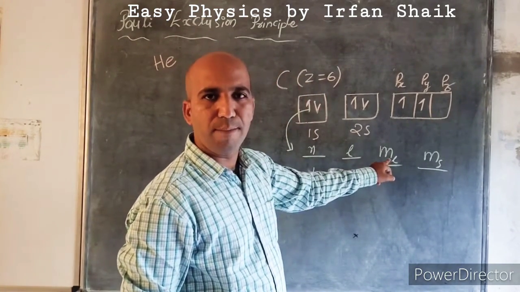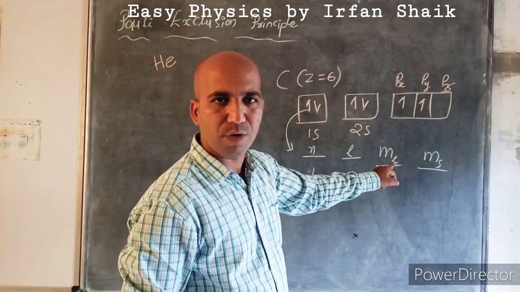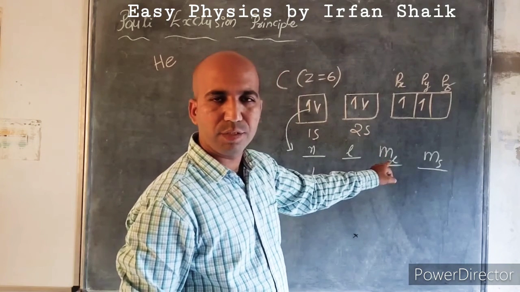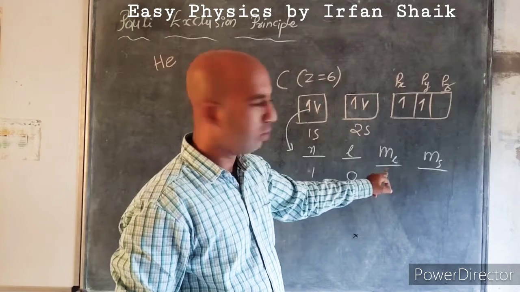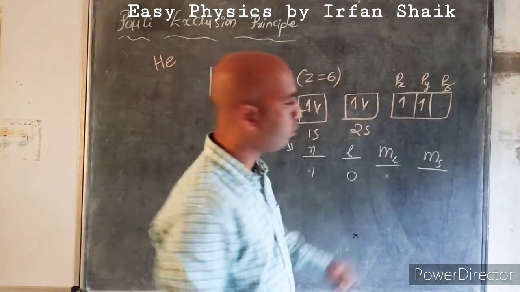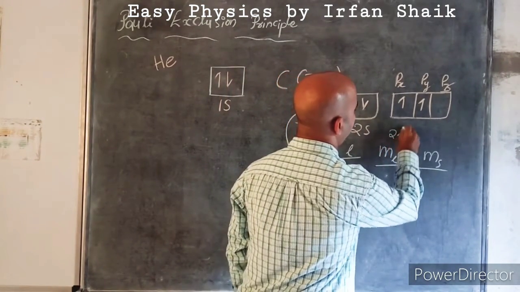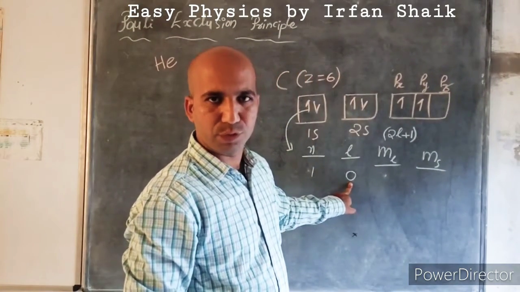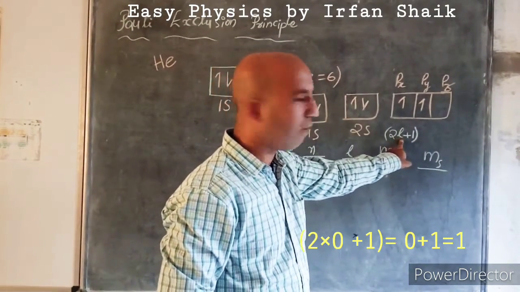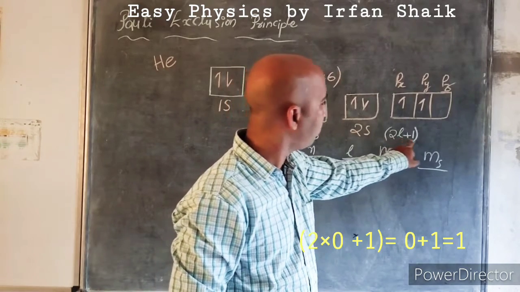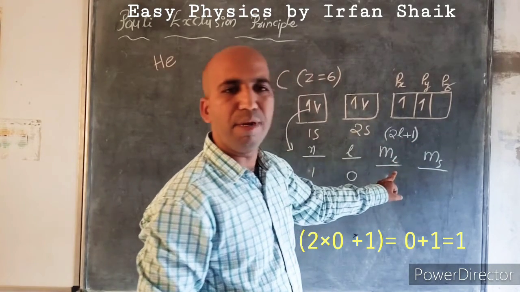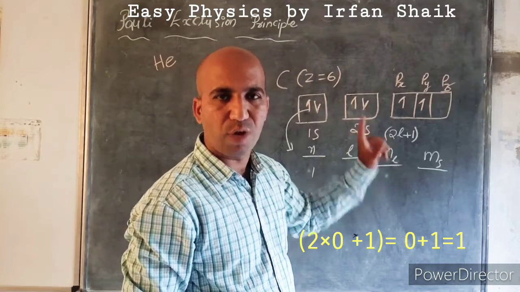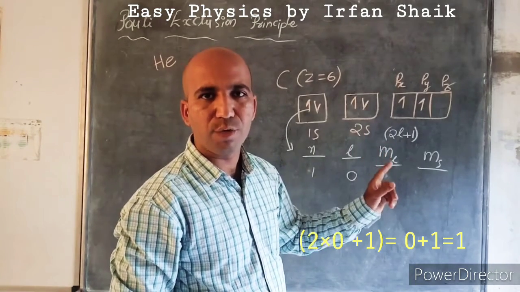Now the ML value, the magnetic quantum number. To find this we use a simple formula, 2L plus 1. If L equals 0, substituting the value of L we get 1. That means ML gets only one value, and that value is 0.